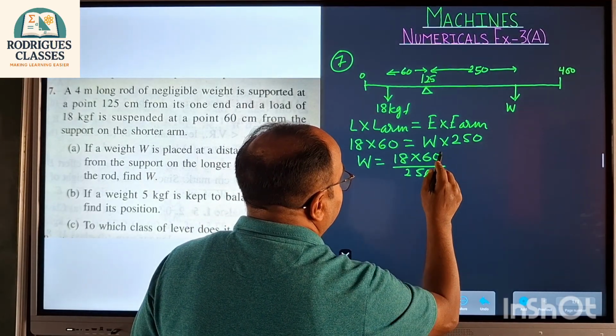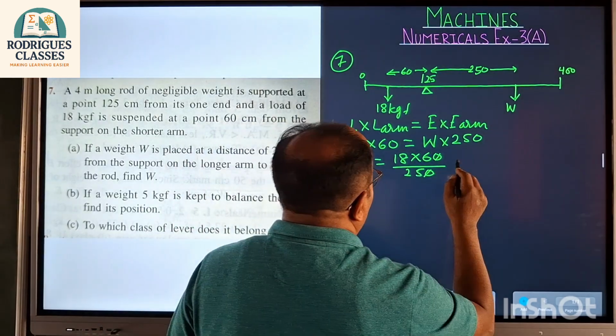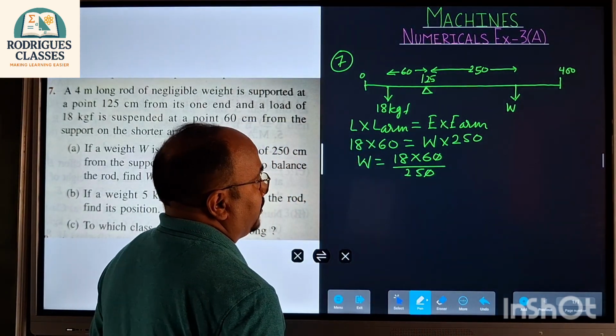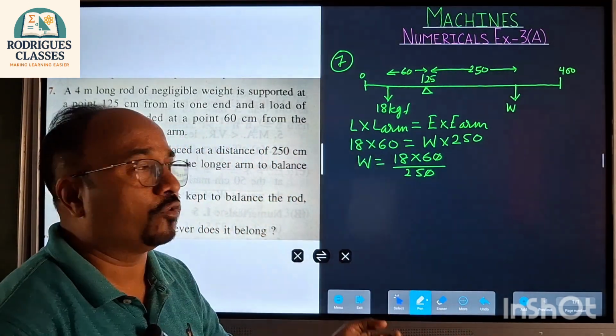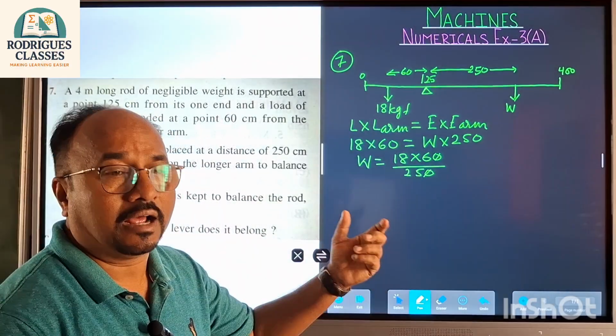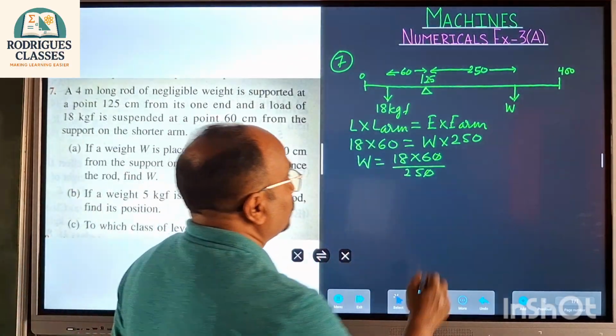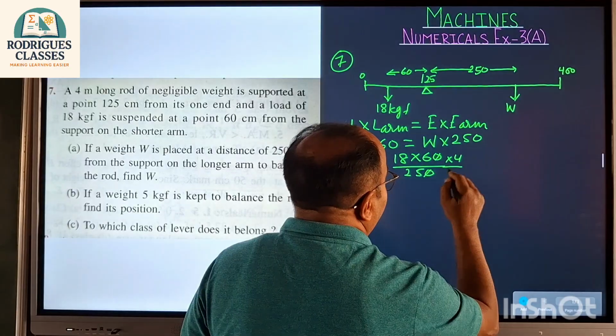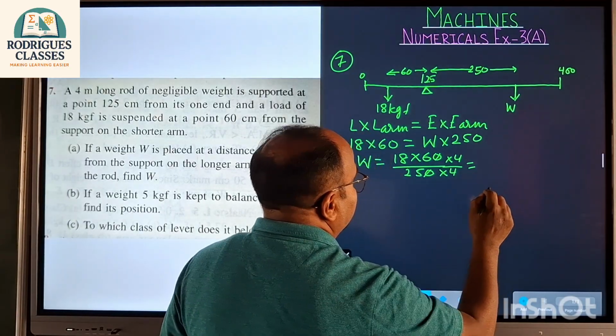So W will be equal to 18 into 60 by 250. I am cancelling out this 0 first, so I am getting 25 here. I will multiply with 4 and make it 100 below, so that it will be easier.